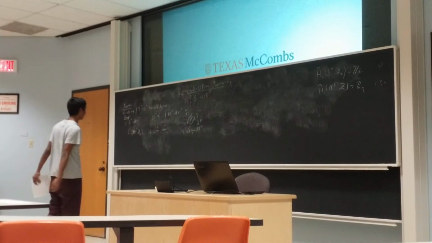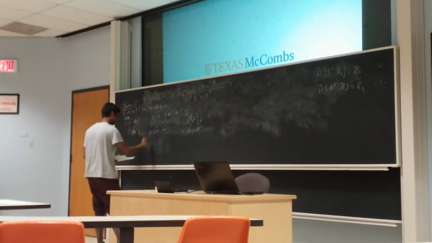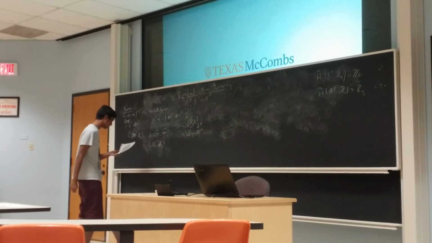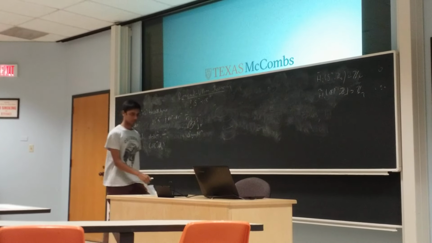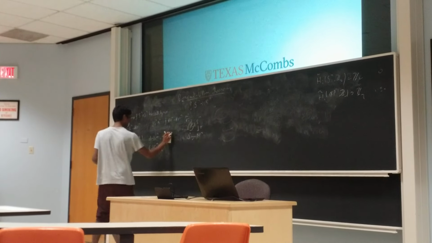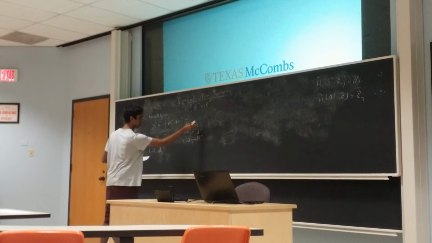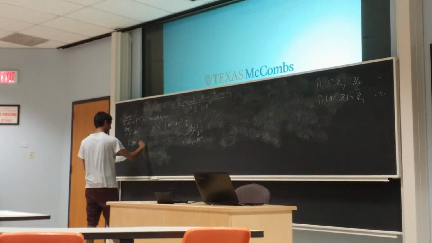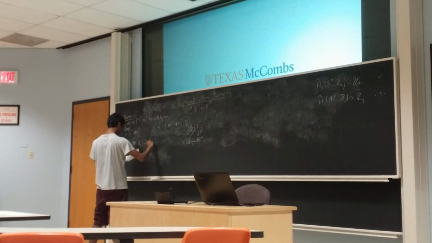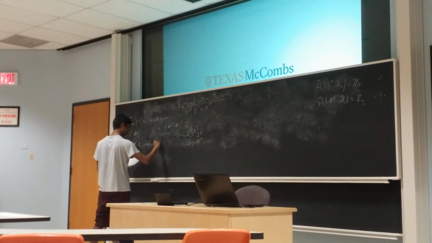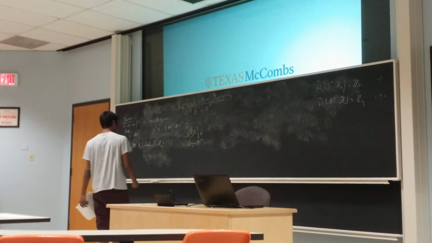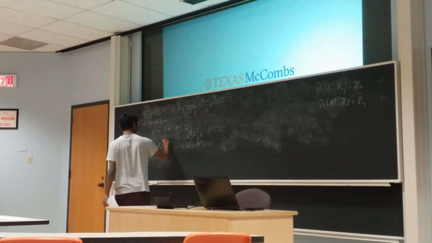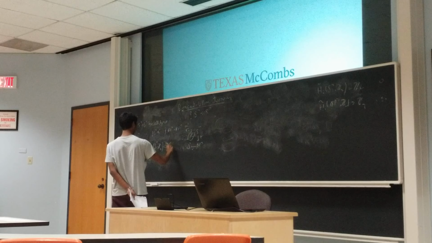So we have this map here, and now we have the chains with coefficients in Z2, and that's where it sends it to, through this map. And through this map, we get another map using the chain level.